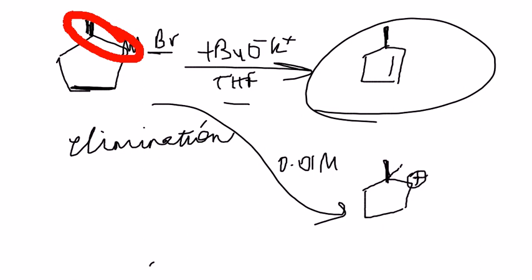And that carbocation will then be subjected to a hydride shift, carbocation here, and then it will give you your alkene, like that. Okay, let's continue with another one.